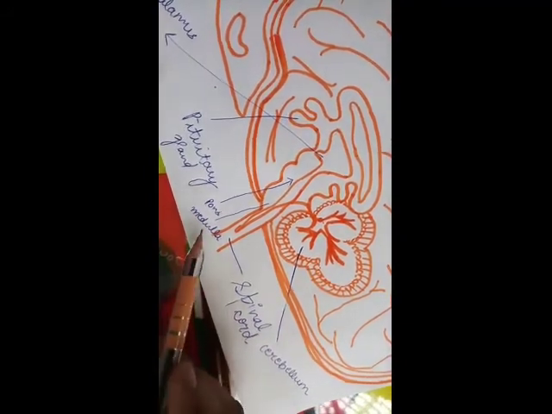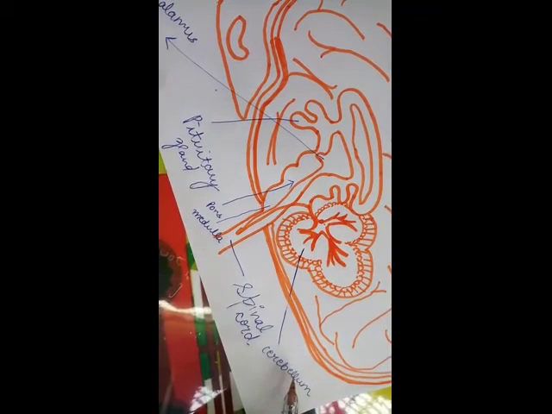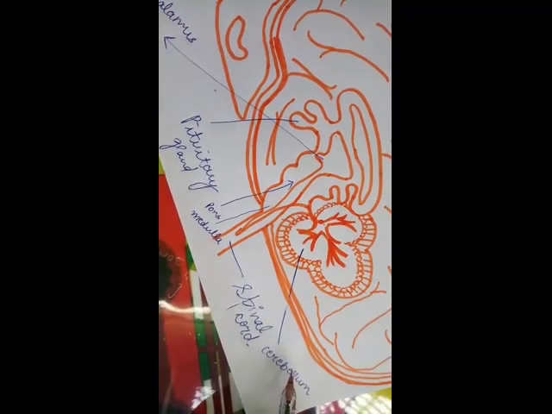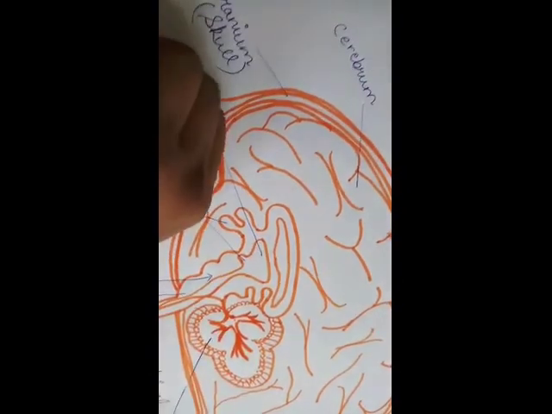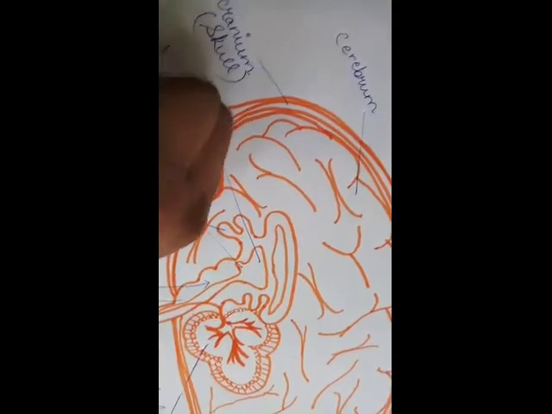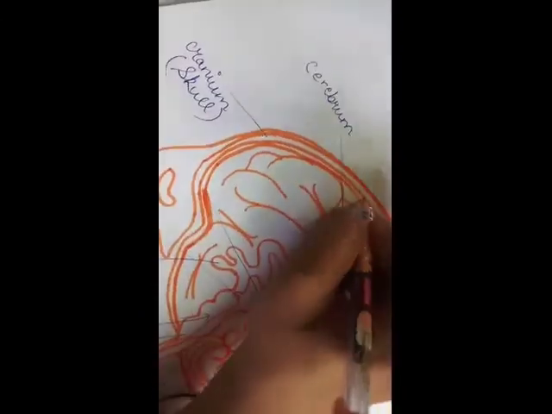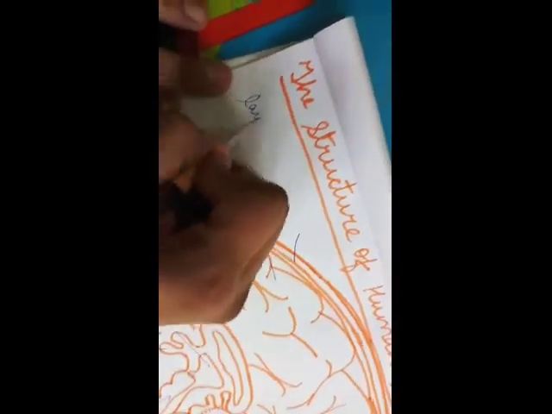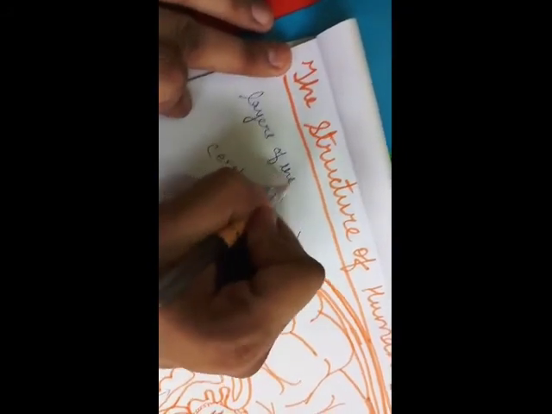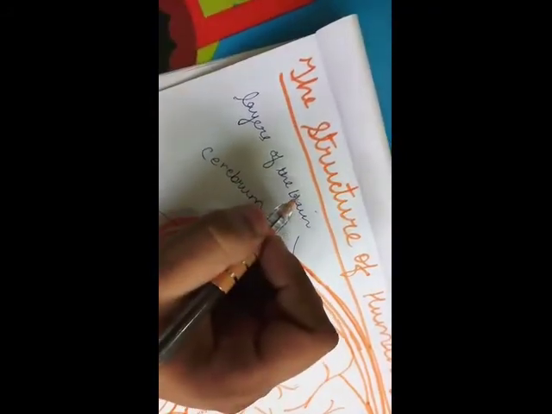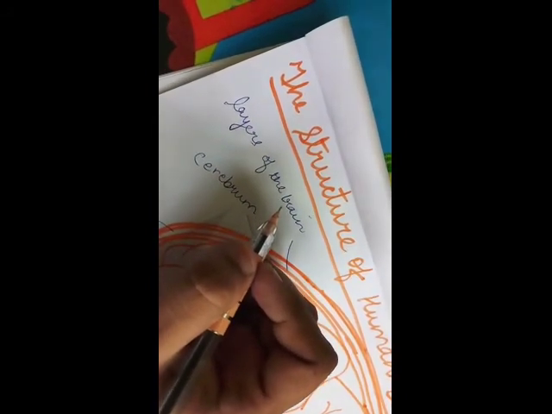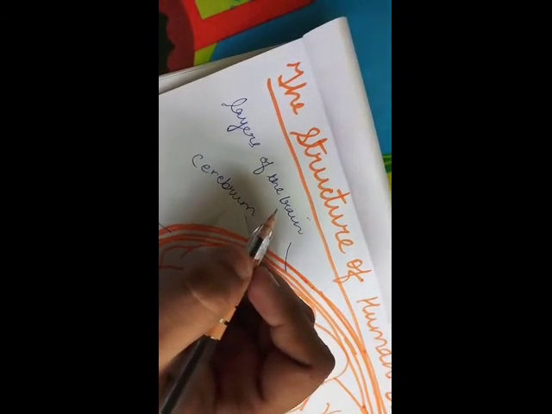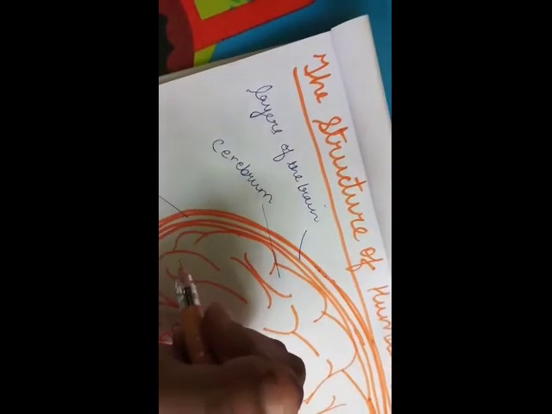So pons, medulla and cerebellum together constitute the hindbrain. This one is basically your midbrain, this part. These ones are your layers of the brain, namely dura mater, arachnoid mater, and pia mater is the innermost one.